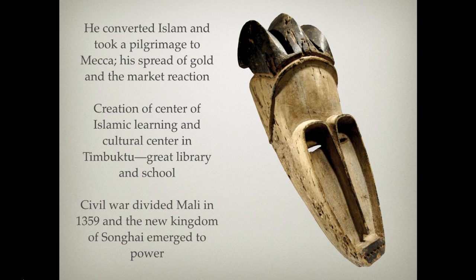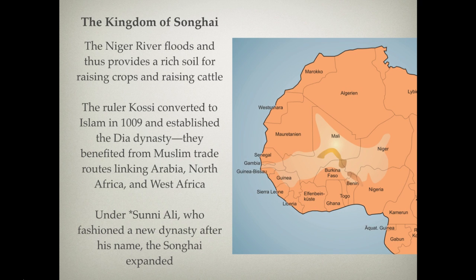Now, of course, the reasons for the decline are really, in the big picture, the same sort of problems that we saw in other places: internal decay, external invasion. So that seems to be the pattern that we'll end up seeing. Now, the Songhai established themselves along the Niger River, and the Niger River really is an important river, just like many other river civilizations.